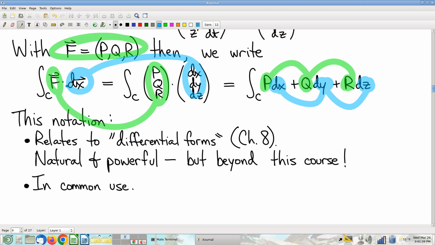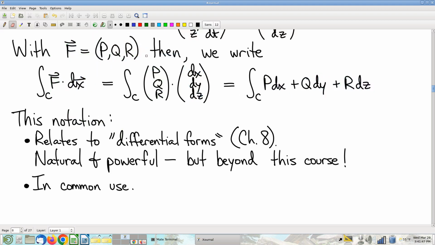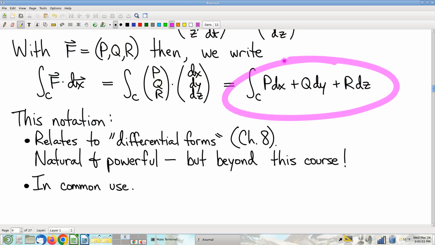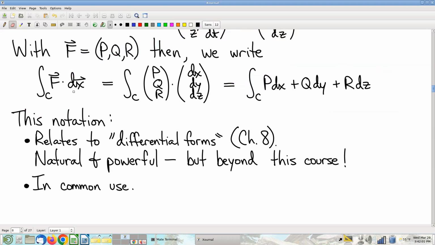In other words, that's just a recognition of the fact that we are doing a vector line integral of that vector field. So with that in mind, whenever you see this, you can immediately rewrite it, or at least rethink of it like this. That would be my advice on how to treat that notation.